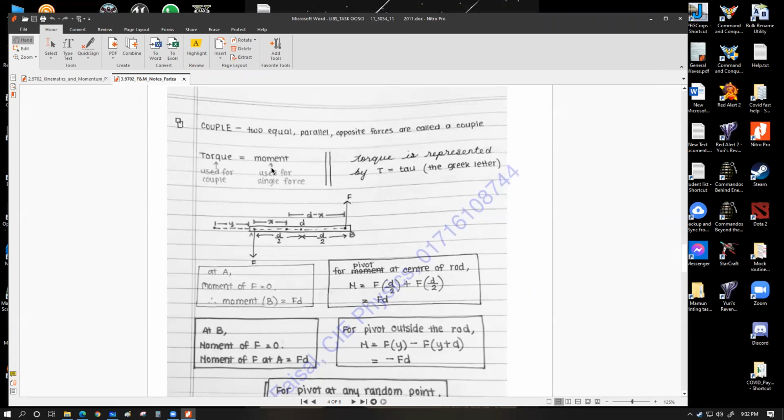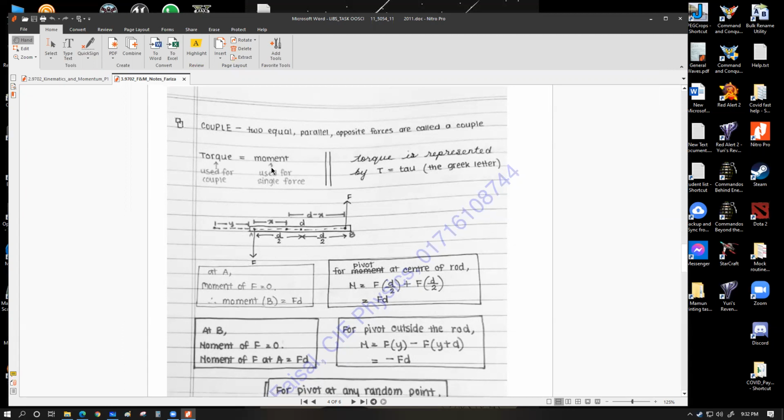The way the grammar works is that typically the word torque is used for a couple. For example, the phrase the torque of a couple is more common than the moment of a couple. So the word moment is usually more associated with a single force, whereas the word torque is usually more associated with a couple.